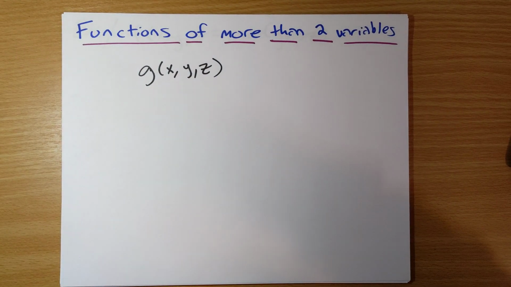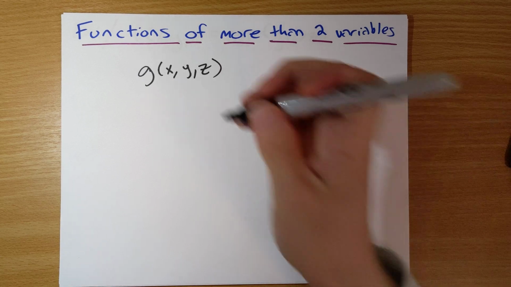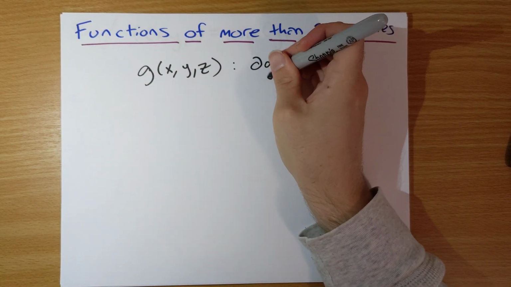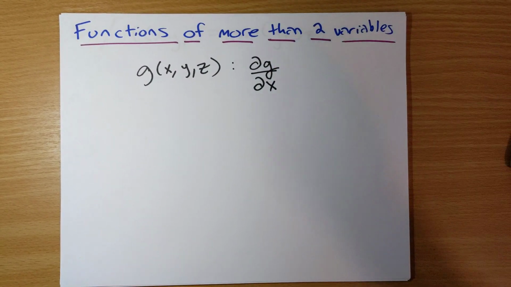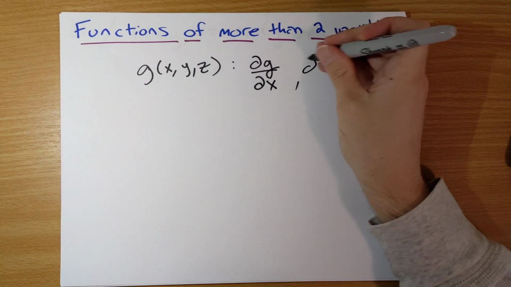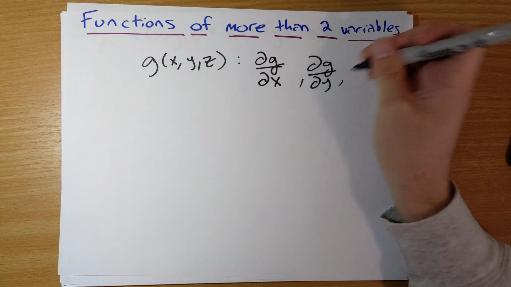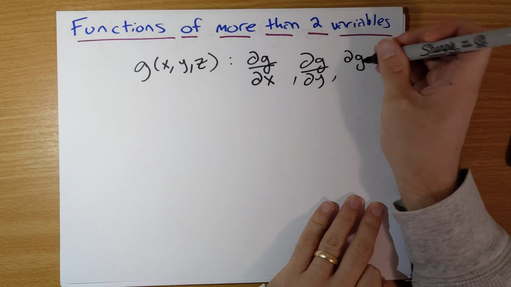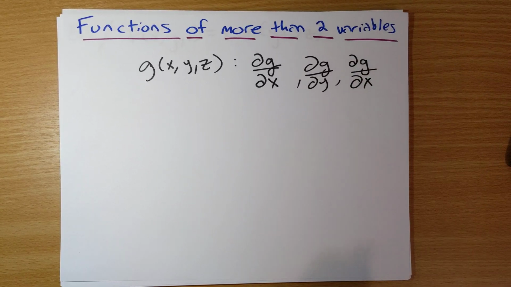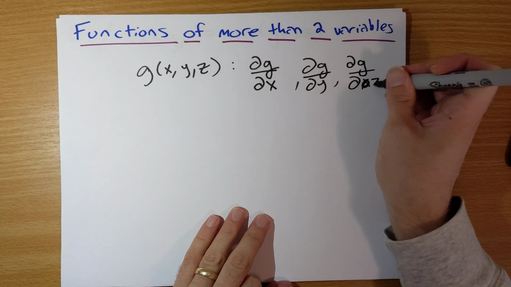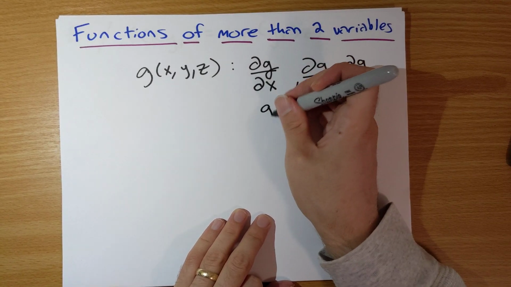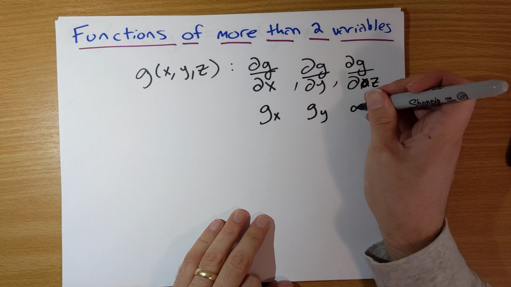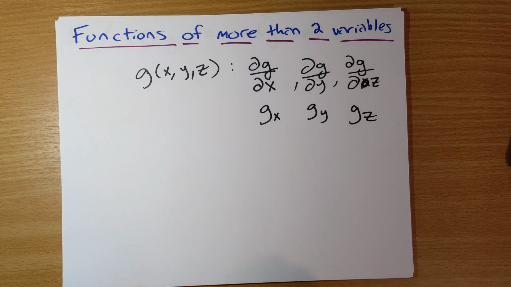And in this case, we can think of three separate partial derivatives: the partial derivative of g with respect to x, partial g, partial y, or partial g, partial z. Sorry, that should have been a z. Now I know my ABCs. g_x, g_y, and g_z for that notation there. It works in the same exact way as it did earlier.